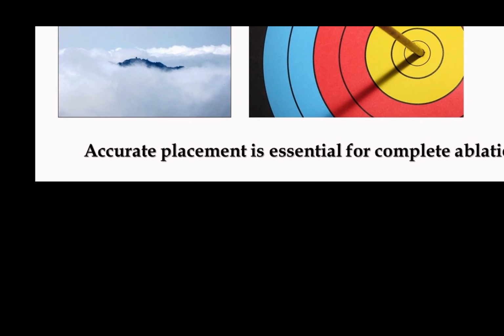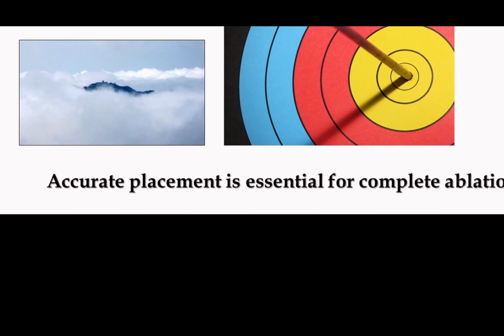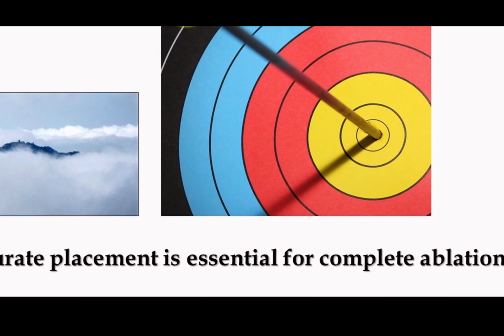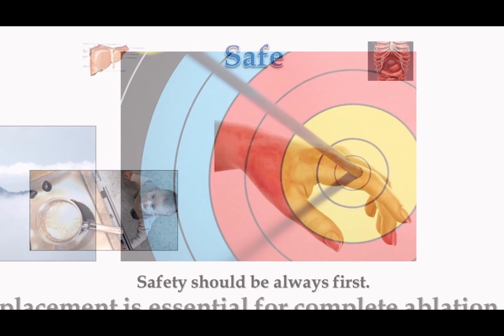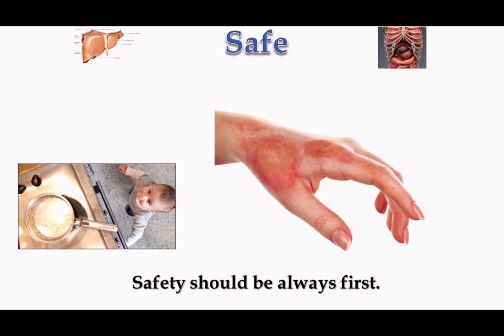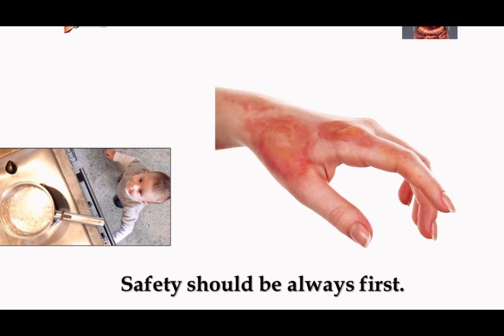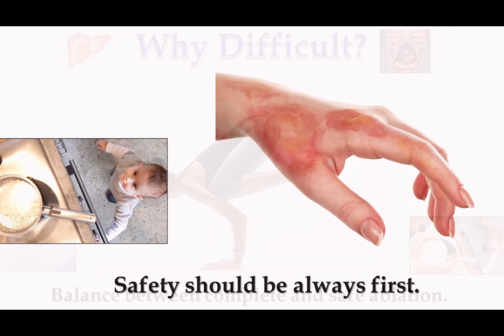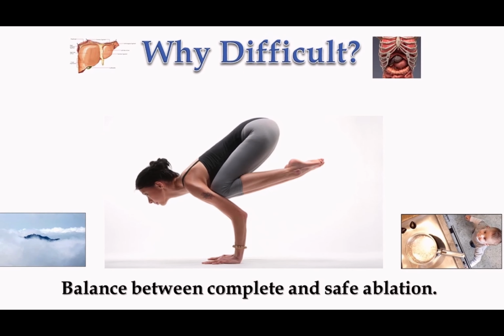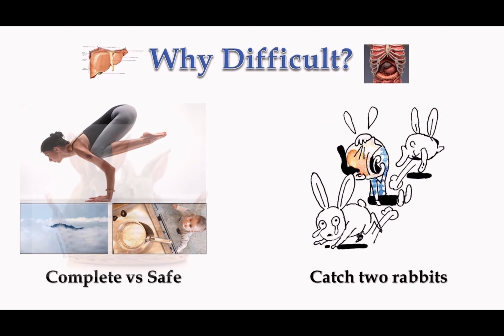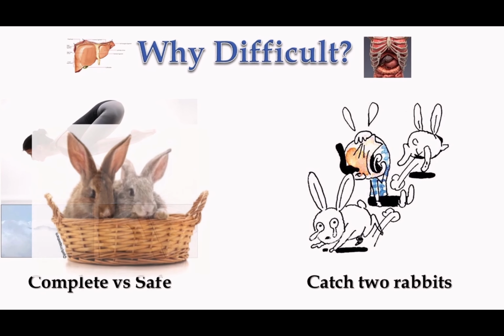So accurate placement is essential for complete ablation. Safety should always be first because ablation is the most minimally invasive treatment. The balance between complete and safe ablation is really important, but sometimes very difficult.